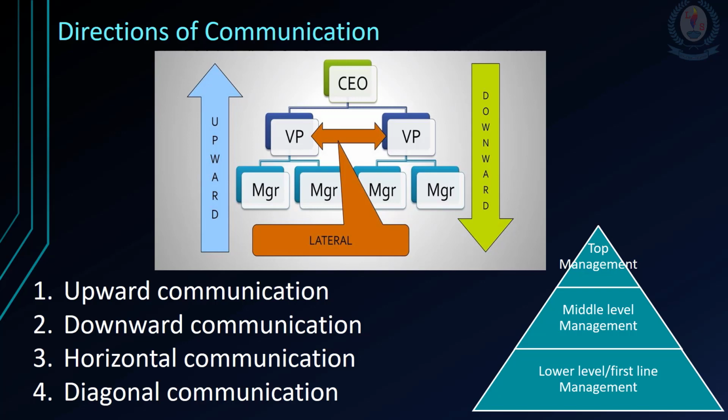So the communication happens between these three levels and the employees. So directions of communication we can categorize as upward communication, downward communication, horizontal communication and diagonal communication. We will be discussing them one by one in detail.